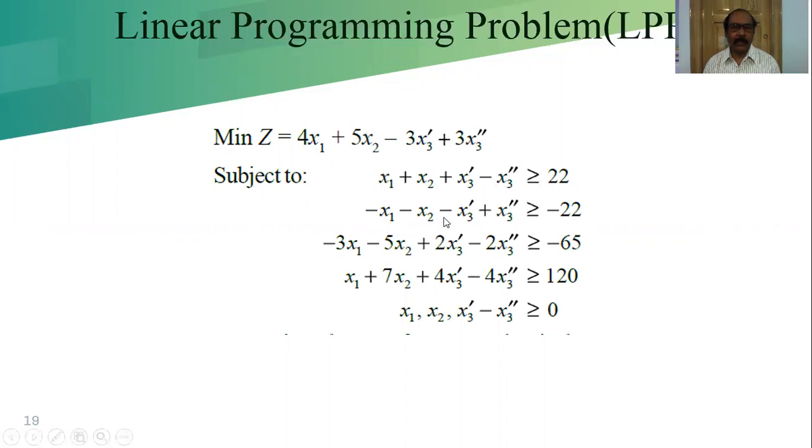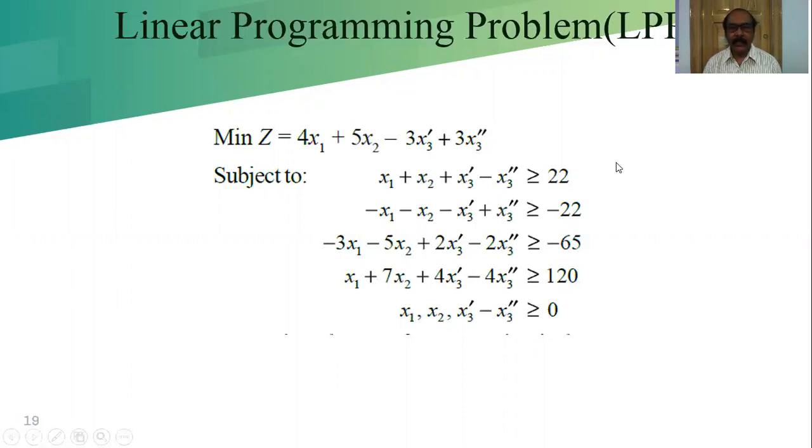Minus x1 minus x2 minus x3 dash plus x3 double dash, all will be negative and this will be positive, greater than or equal to minus 22. Minus 3x1 minus 5x2 plus 2x3 dash minus 2x3 double dash greater than or equal to minus 65. x1 plus 7x2 plus 4x3 dash minus 4x3 double dash greater than or equal to 120.